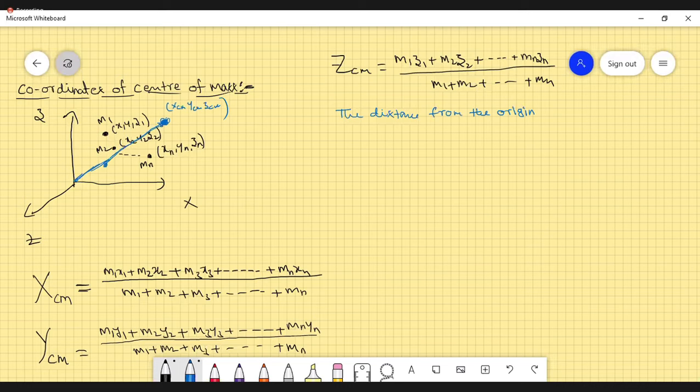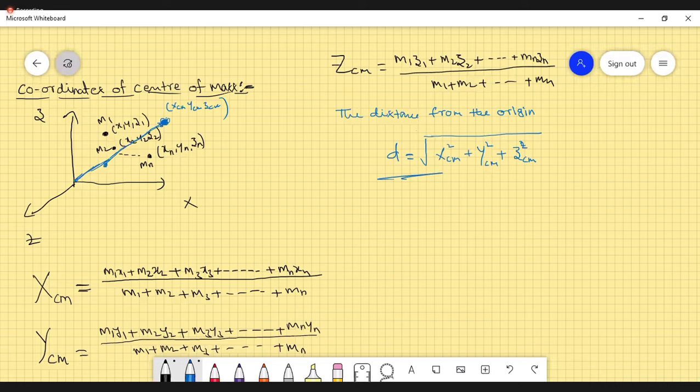The distance d equals the resultant vector: square root of x cm square plus y cm square plus z cm square.